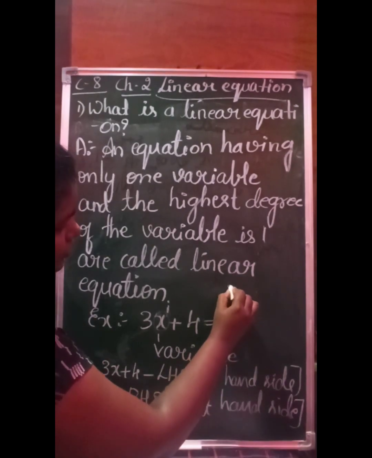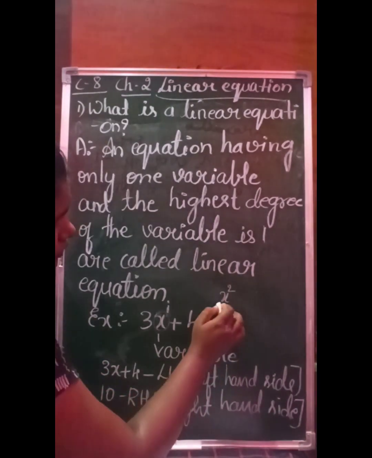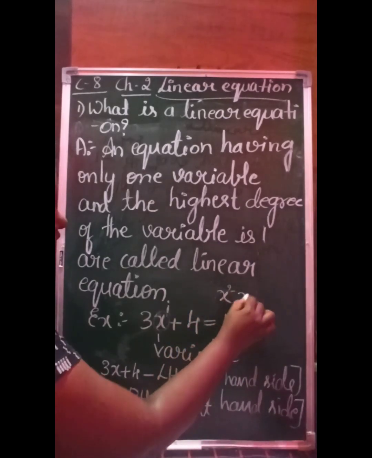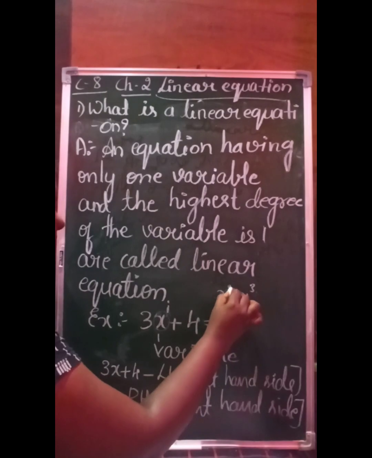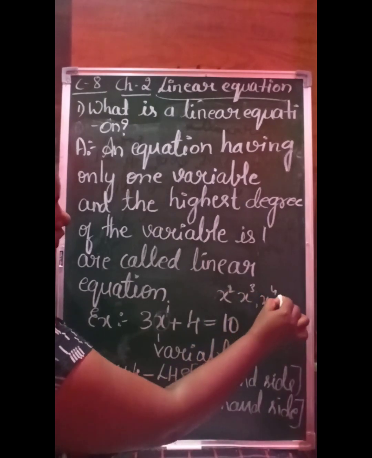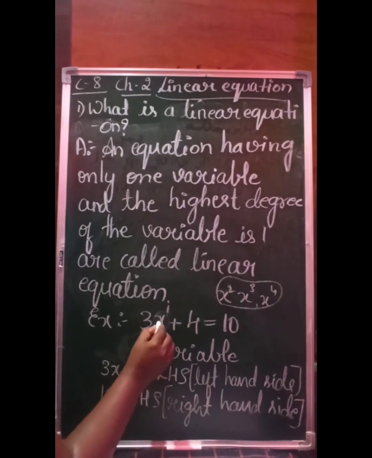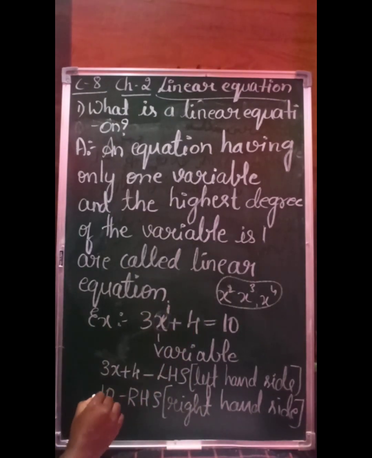If it is x to the power 2, we won't call this a linear equation. If any equation consists of x square, x cube, or x to the power 4, we won't call this a linear equation. Clear? So the power of the variable should always be 1. Then that equation we consider as a linear equation.